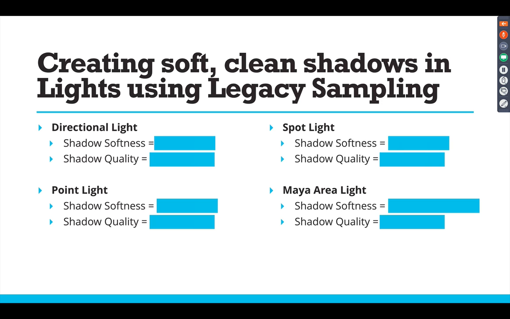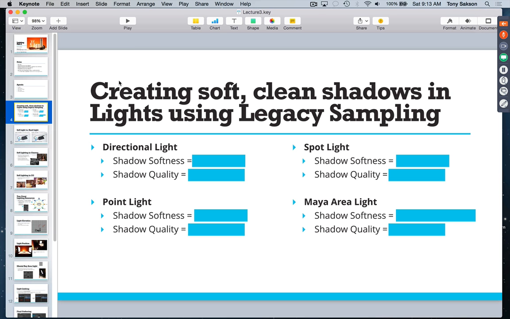All right, so let's do a little review. And this will act as a really good chart for you guys to be able to have and utilize. Now, let me turn off some of the glare. Right, so let's start with the directional light.